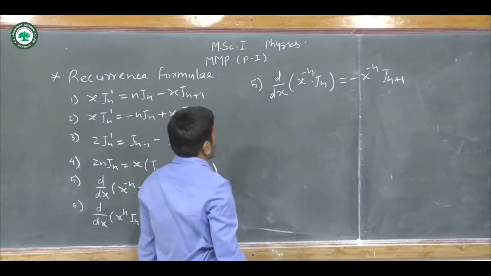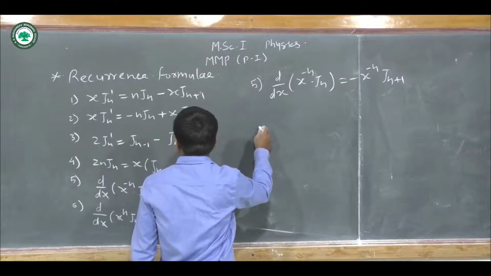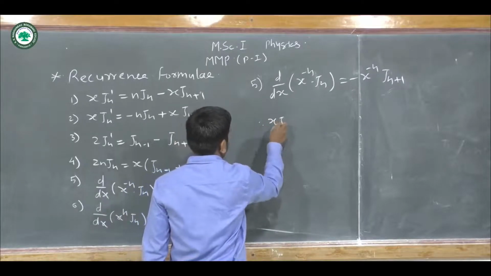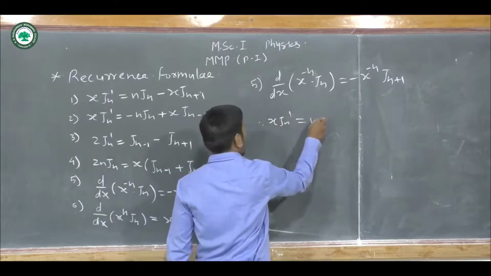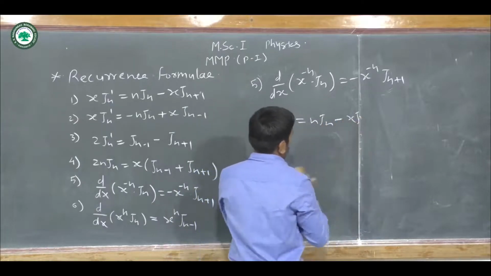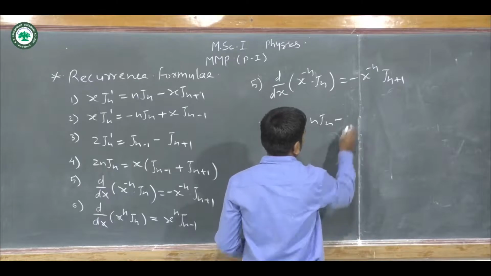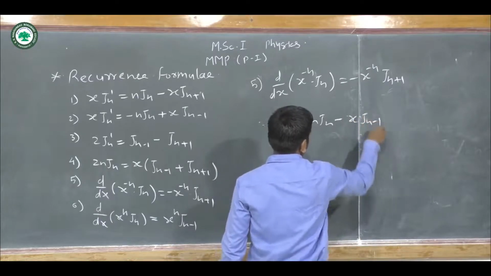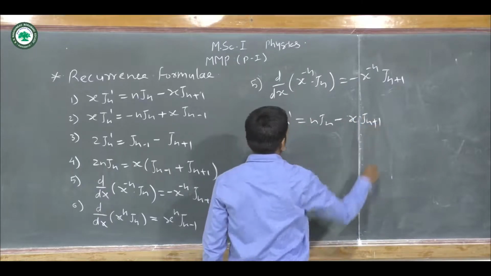From the first recursion formula, that is x Jn prime is equal to n into Jn minus x Jn plus 1.